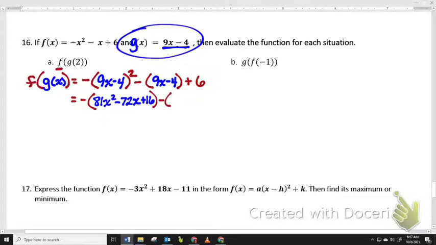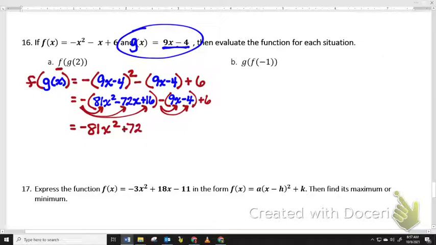Minus, I'm going to leave this for right now and do all of my distribution at the same time, plus 6. I distribute this negative to everybody, and I distribute this negative. So I would have negative 81x squared plus 72x minus 16 minus 9x plus 4 plus 6.